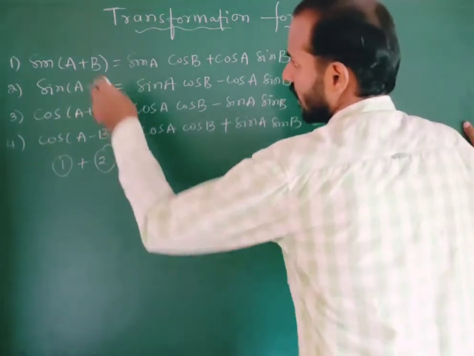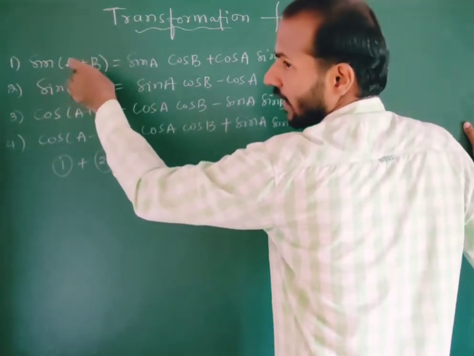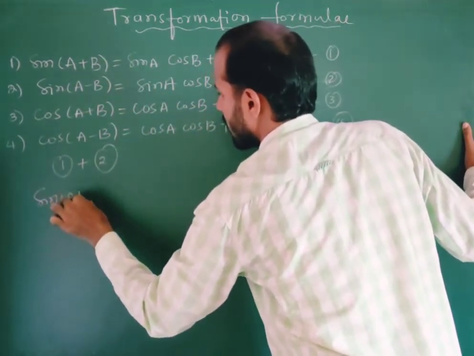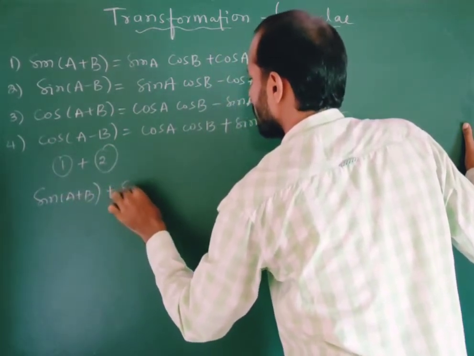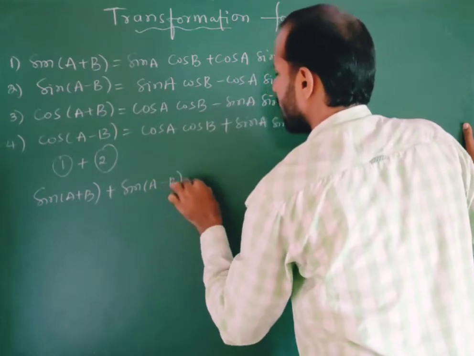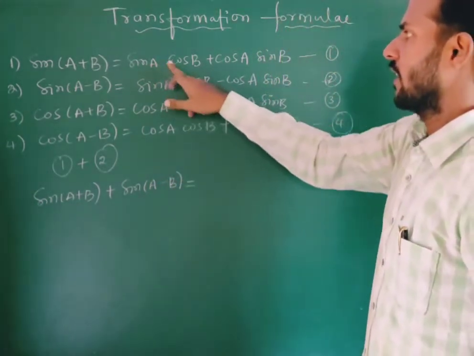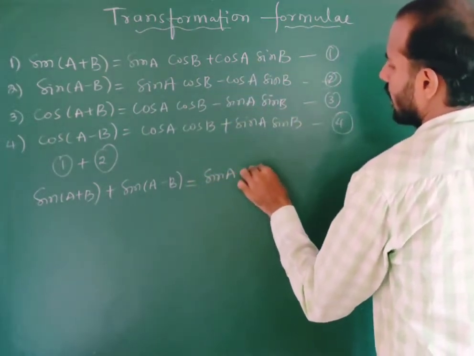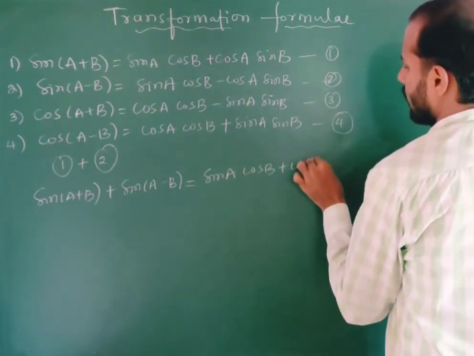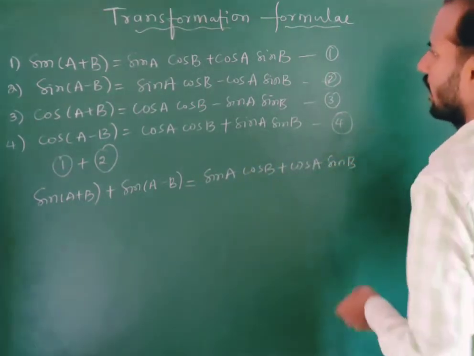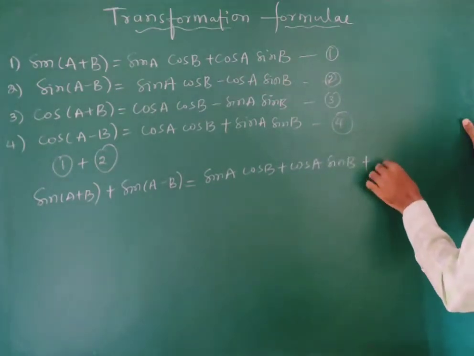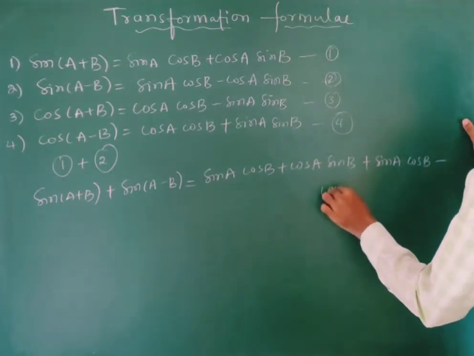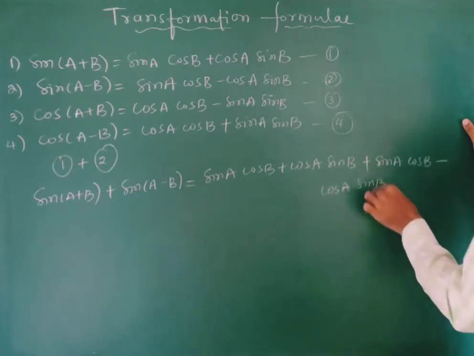Adding equation 1 and equation 2, I will add the LHS on one side and the RHS on the other side. sin(A+B) plus sin(A-B) equals sin A cos B plus cos A sin B plus sin A cos B minus cos A sin B, right?